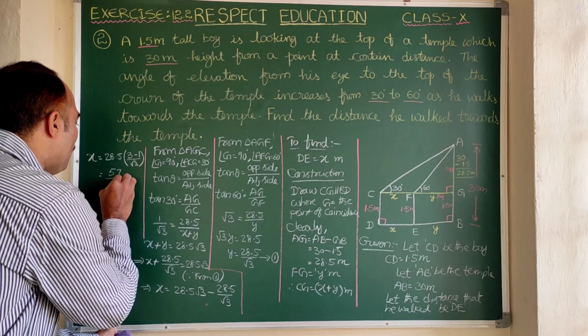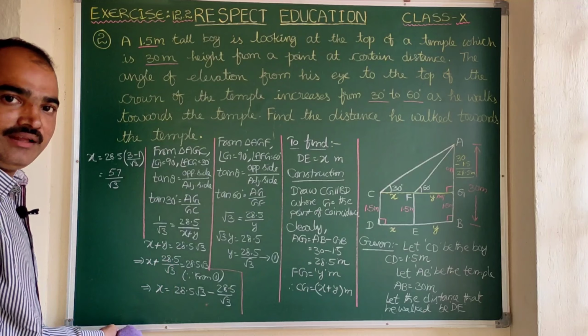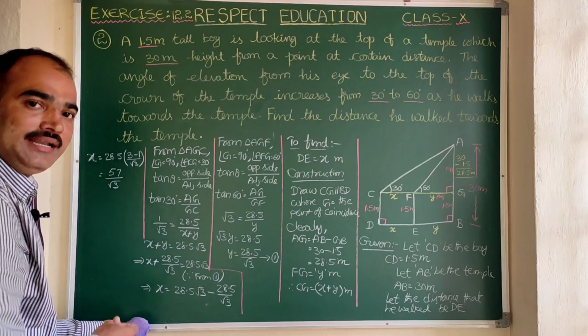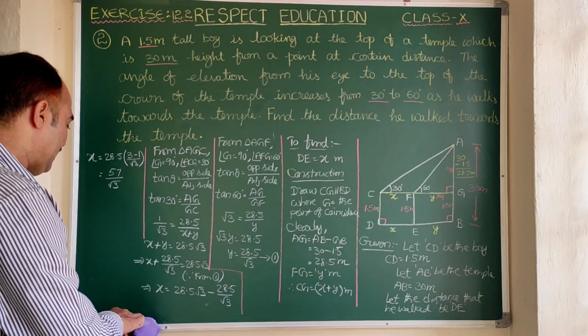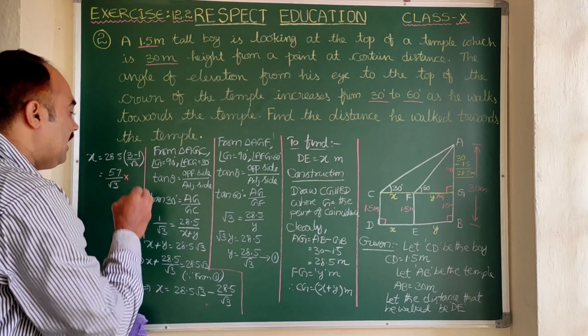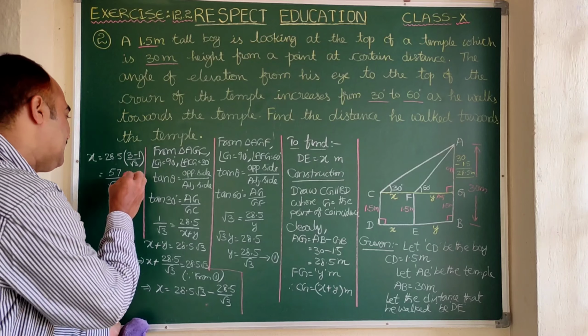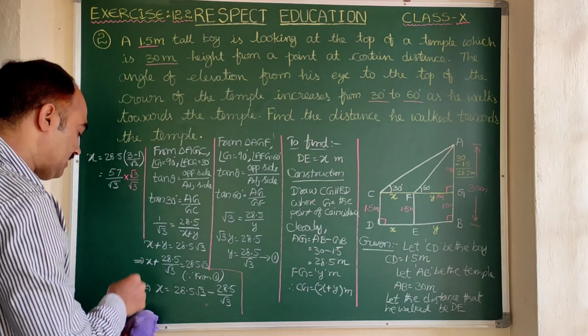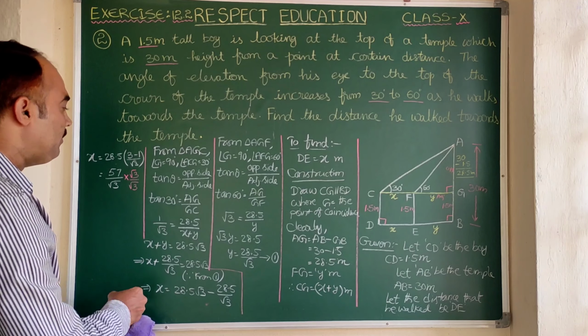57 by root 3. Here you see root 3 in the denominator, and that too this is almost the ending. So here we have to do rationalizing factor. The rationalizing factor of root 3 is nothing but root 3 only. So let us multiply by RF by RF. RF means rationalizing factor, that is into root 3 by root 3.